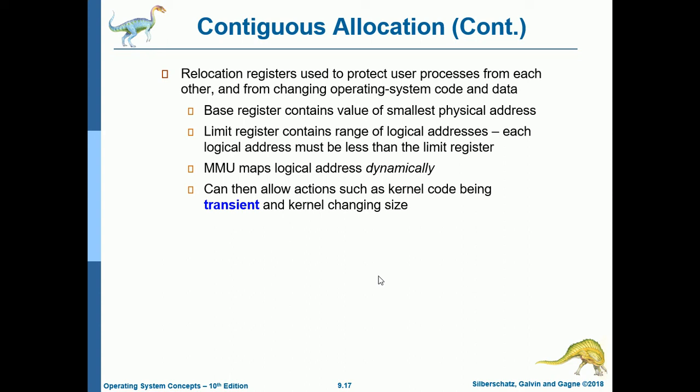As we already discussed in the previous slides, the base is the smallest physical address, while the logical address must always be less than the limit register. The MMU maps logical addresses dynamically, which can then allow actions such as kernel code being transient and the kernel changing size. Kernel being transient means it's temporary, because the kernel changes its size over time.